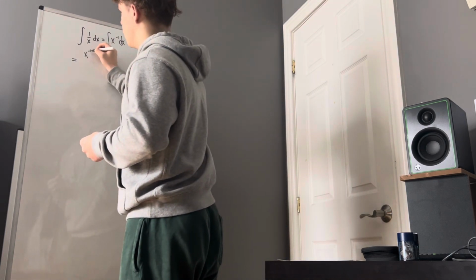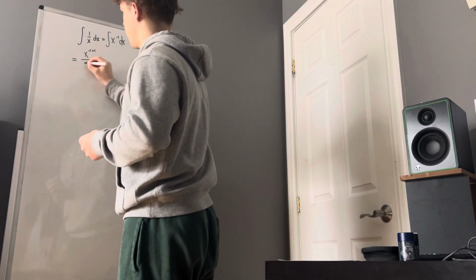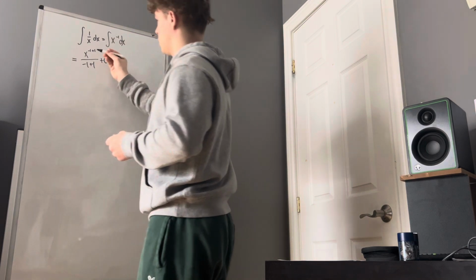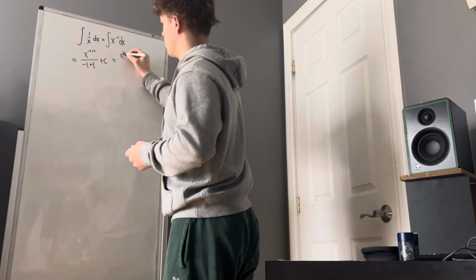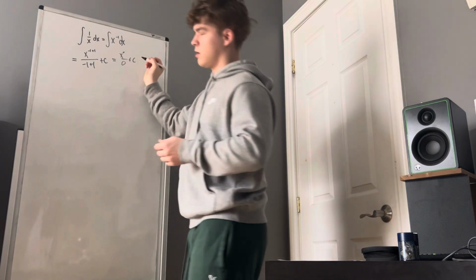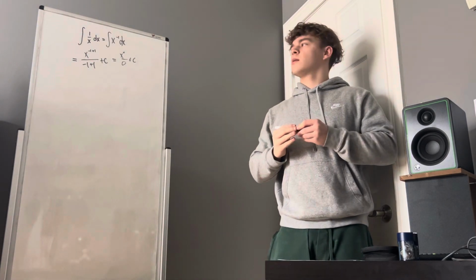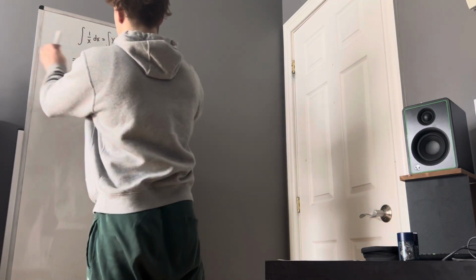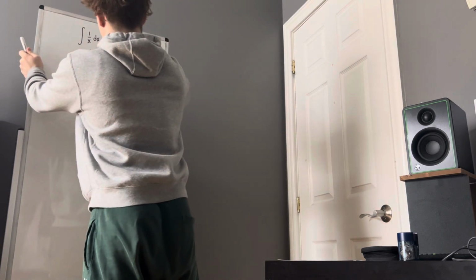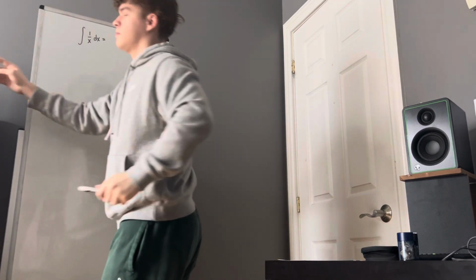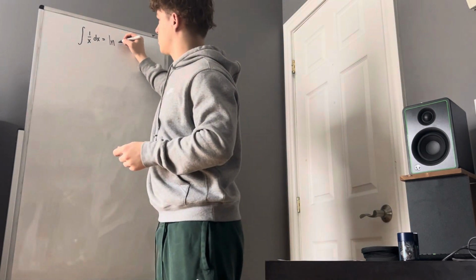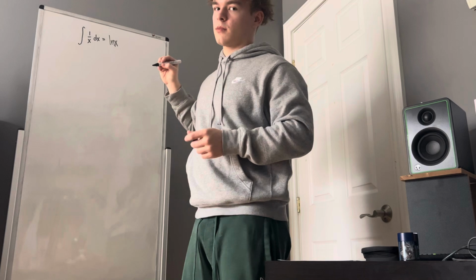X to the negative 1 plus 1 over negative 1 plus 1 plus c. X to the 0 over 0 plus c. Well, that's not possible. Well, what derives to give us 1 over x? It's a little special one. It's ln x plus c.